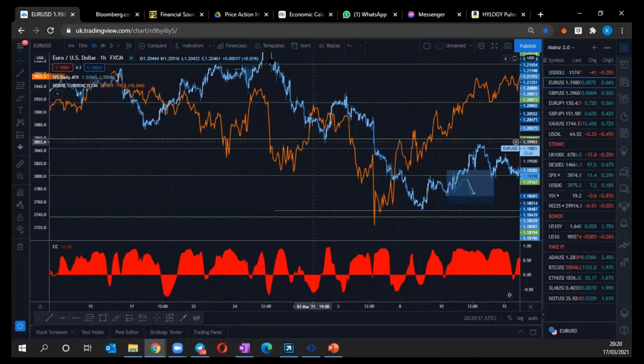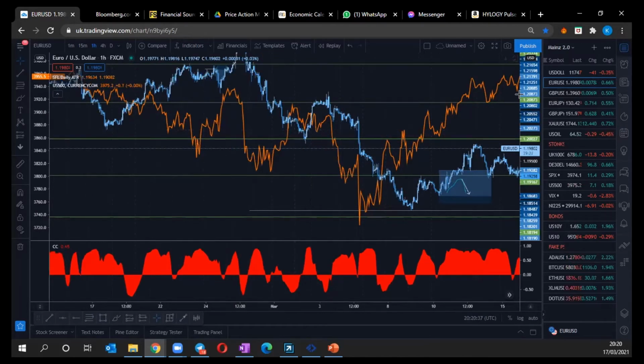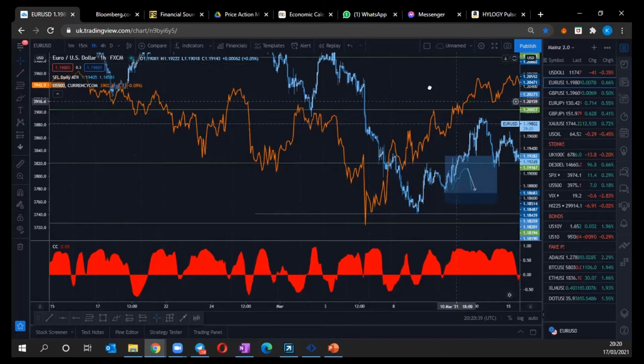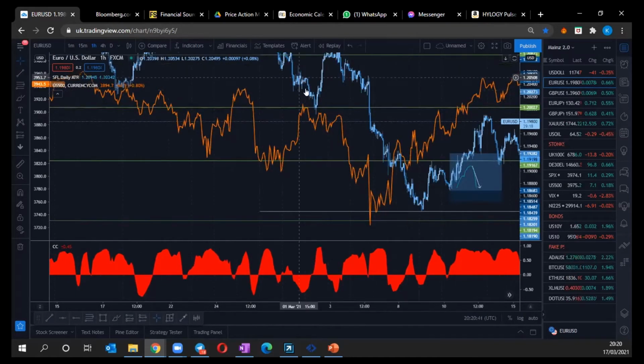We've got a downtrend starting here, and as the downtrend starts, we can see the correlation is very positive, but then it makes a bottom there, and the EU doesn't make a bottom itself, as it just carries on this downtrend. As this downtrend continues on EU, you can see the S&P carries on its uptrend.